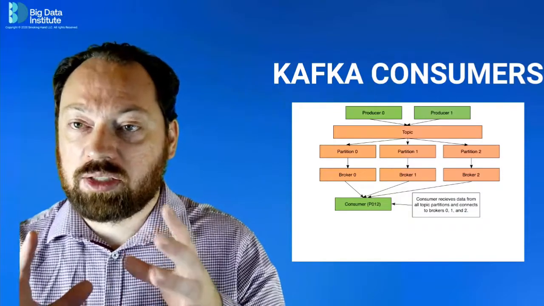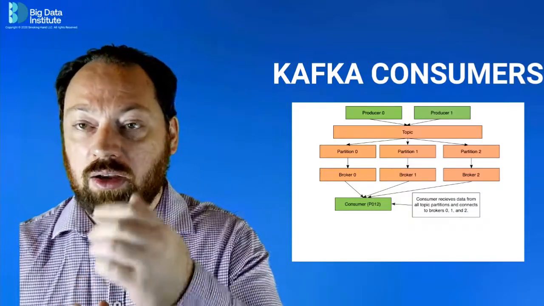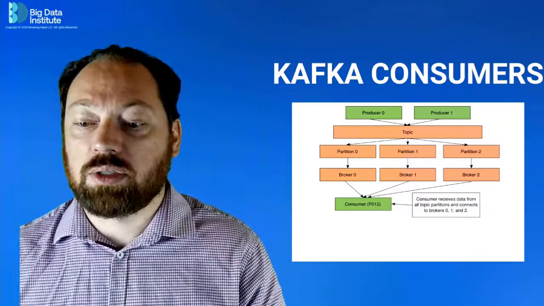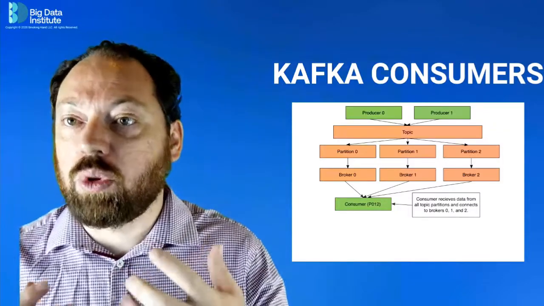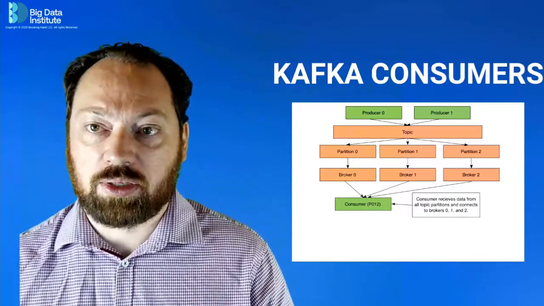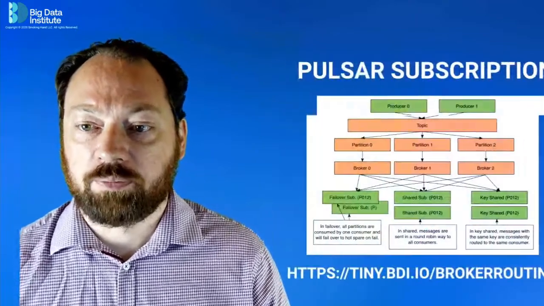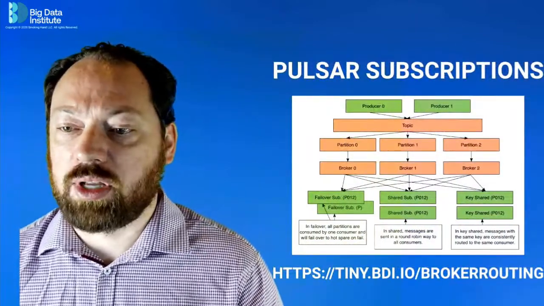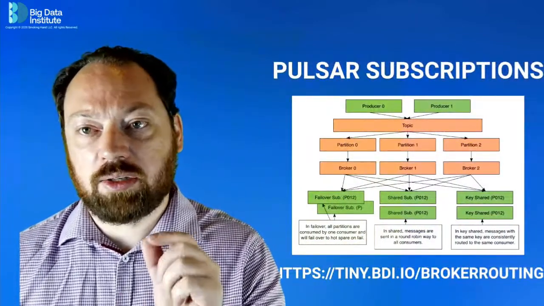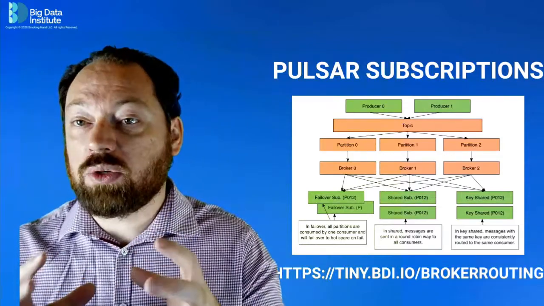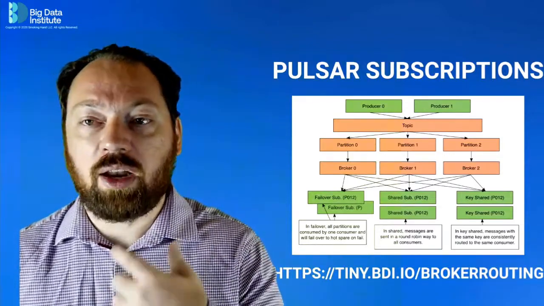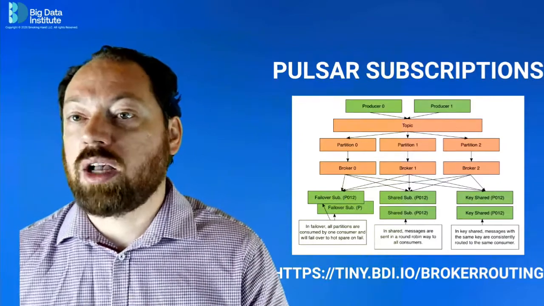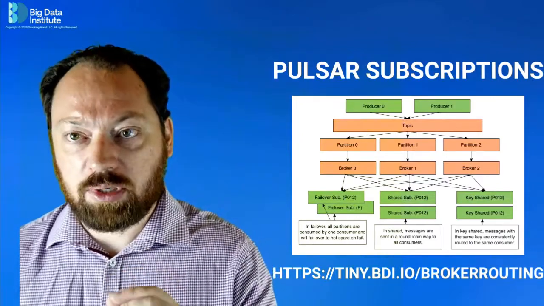Within Kafka, consumers just receive what has been put into those partitions. There's no logic, there's no extra sauce there. But for the Pulsar side of things, we can see that there is a big difference. There are some really interesting features in Pulsar that aren't possible with Kafka. So let's get deeper into that.